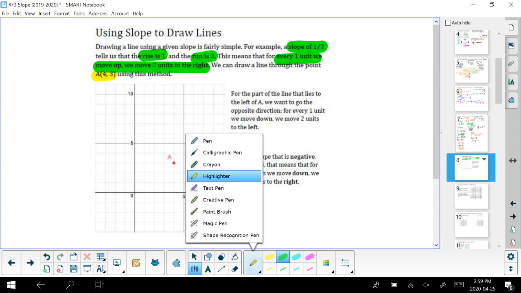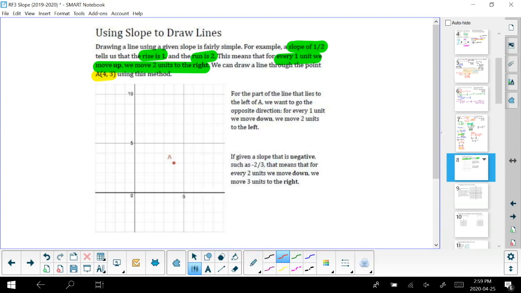So I'm going to do this in red. We're going to start off at point A. We're going to move 1 unit up and then 2 to the right, which gives us a point there. We're going to do the same thing, move 1 up, 2 to the right. We can't go any further to the right, so I'm going to start back at point A, and I'm going to do the opposite. Instead of moving 2 to the right, I'm going to now go 2 to the left.